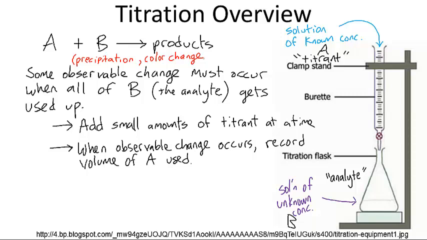Most often it's a color change because that's the simplest one. But could be a pH change. It could be a conductivity change. So what that observation is that tells you you've fully depleted B is going to depend on the circumstance.